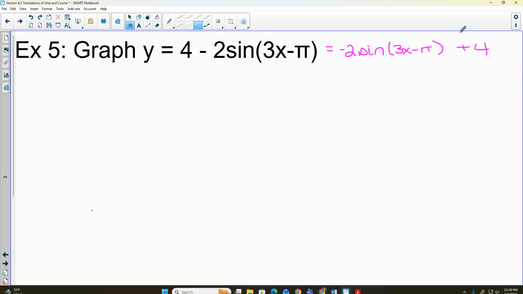Okay, those are equivalent. So, what's my amplitude? 2. What does the negative do? What will that +4 do?